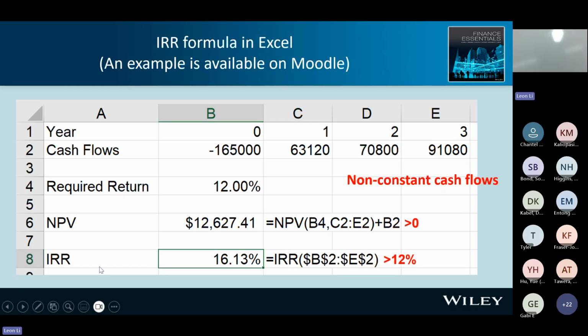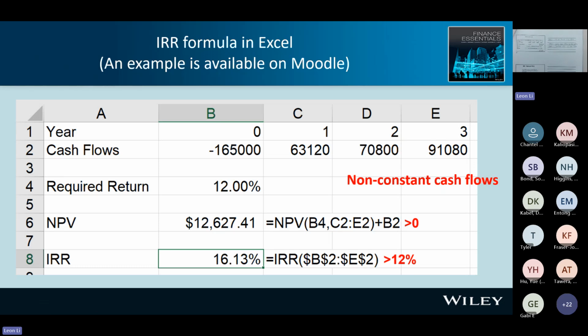For the IRR, we use the IRR formula, B2 to E2, our cash flows. The IRR is higher than the cost of capital, then we accept the project. So you can use the Excel NPV formula or IRR formula to do the calculations.